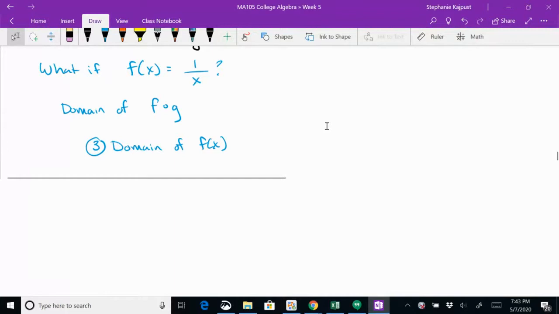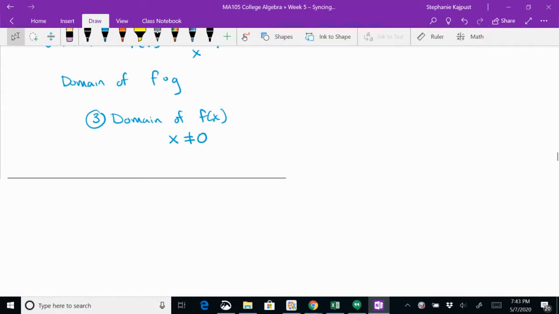So whatever is in the denominator cannot be 0. This tells us that x cannot be equal to 0. So our domain is saying that x is not equal to 0, but we can have anything else. So everything else is fine.